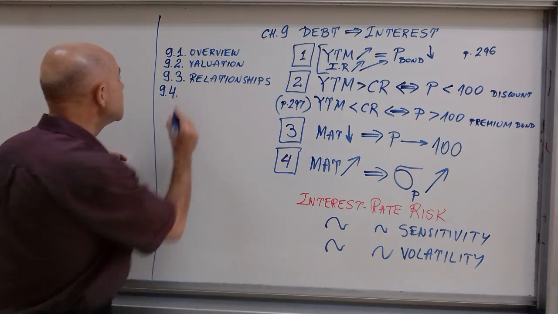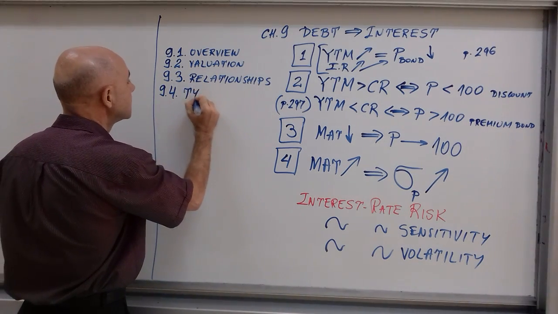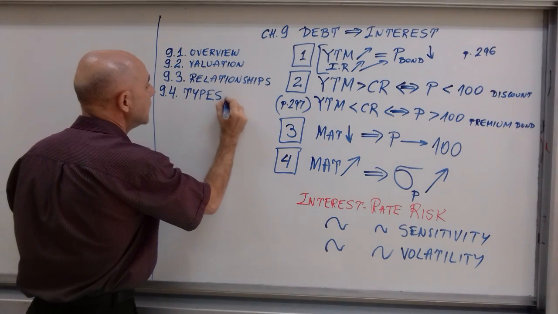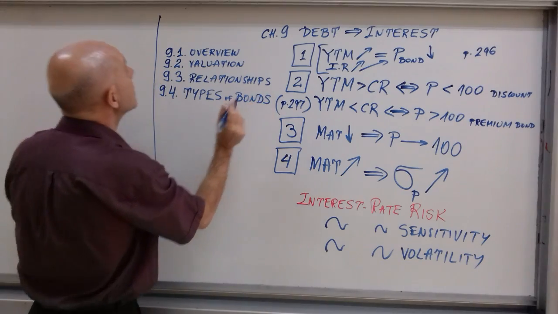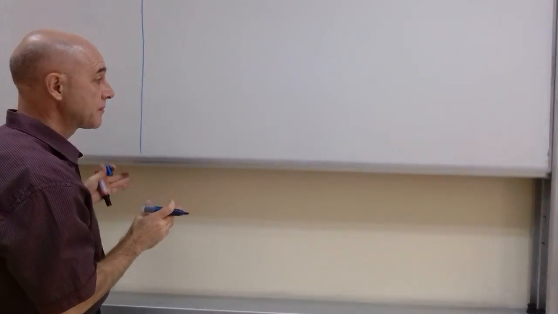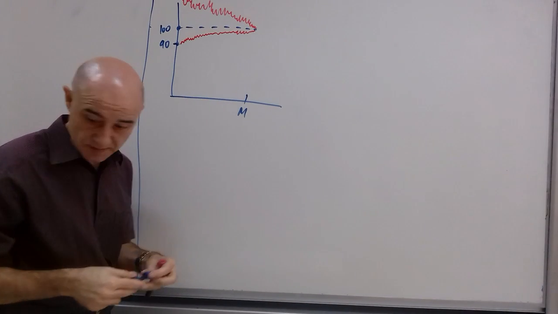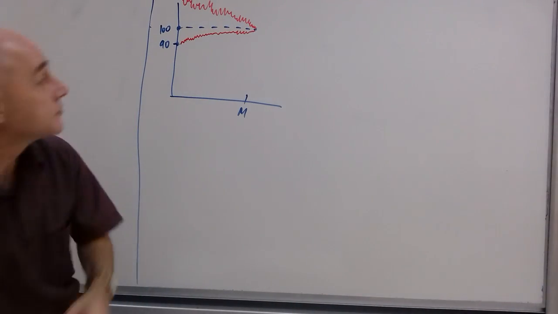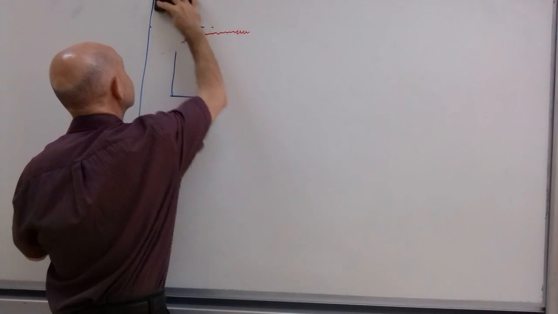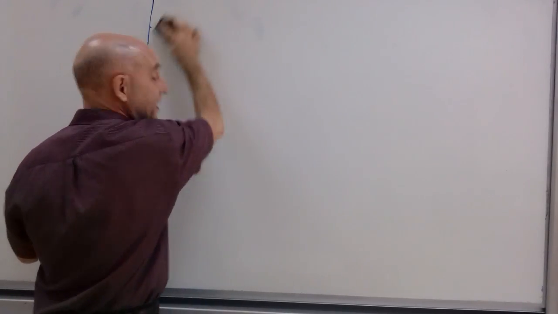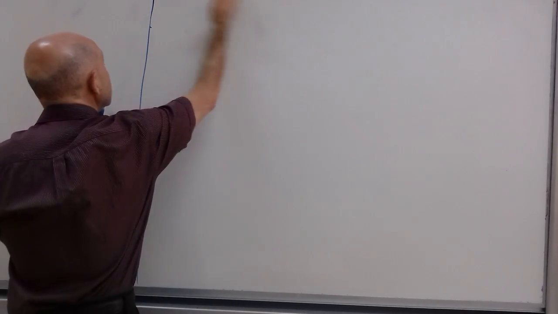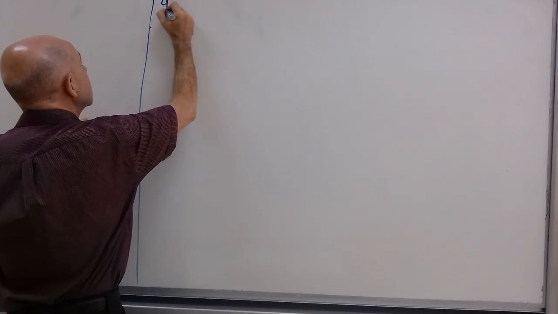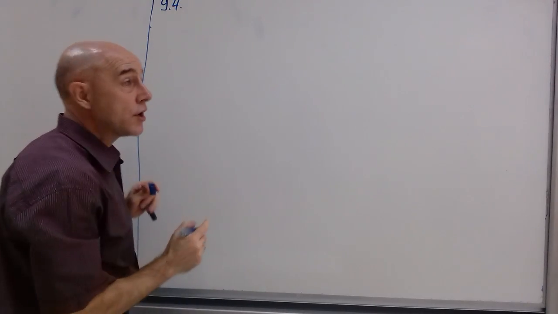Number 4 is types of bonds. Well, they give us like 7, 9, 4 types.